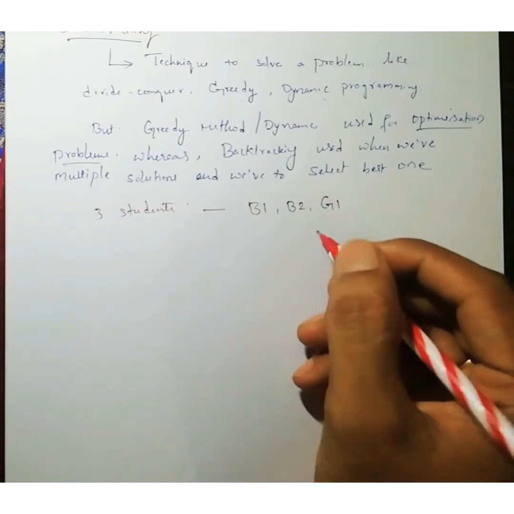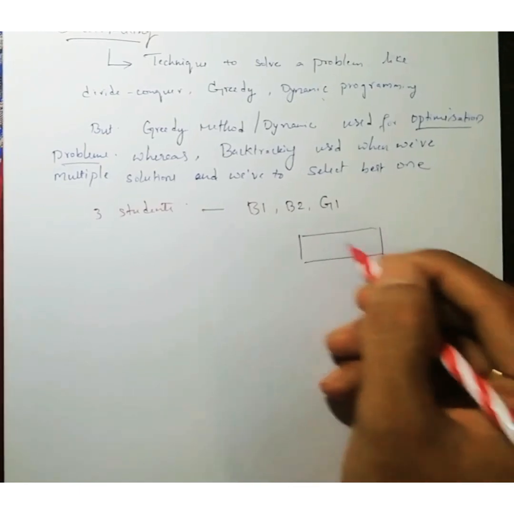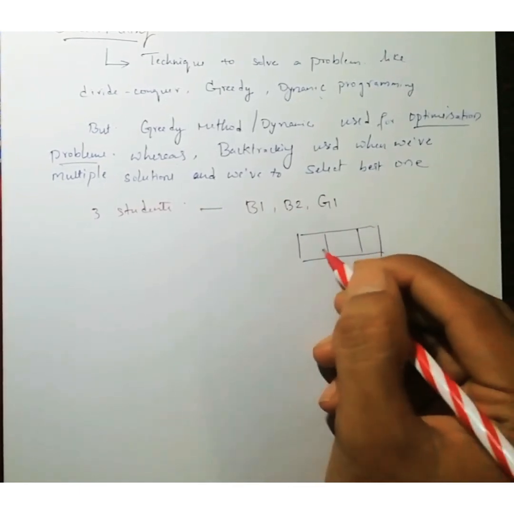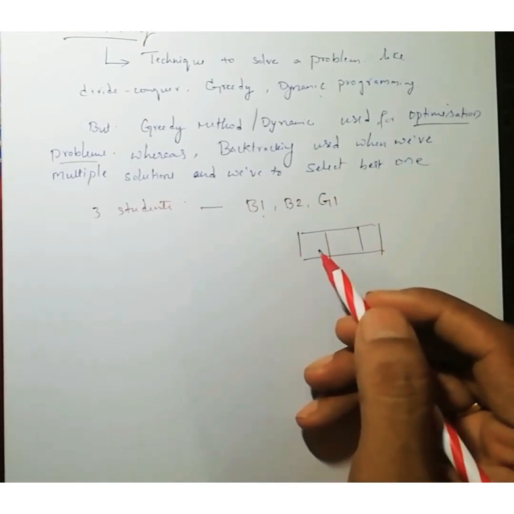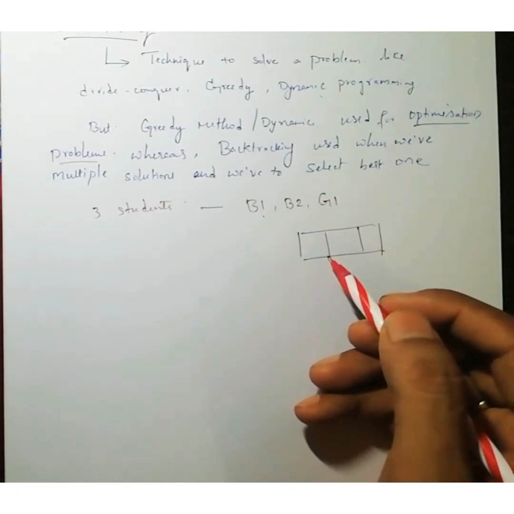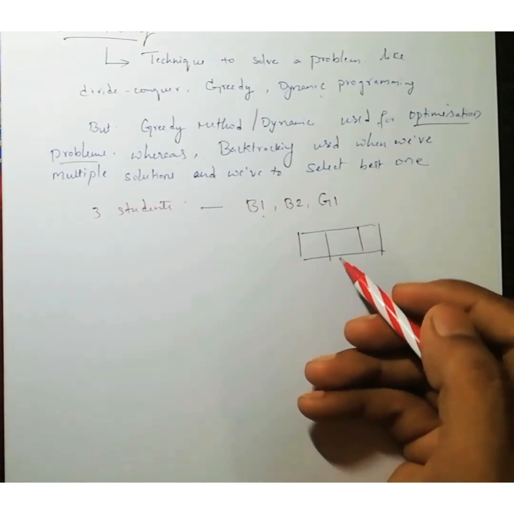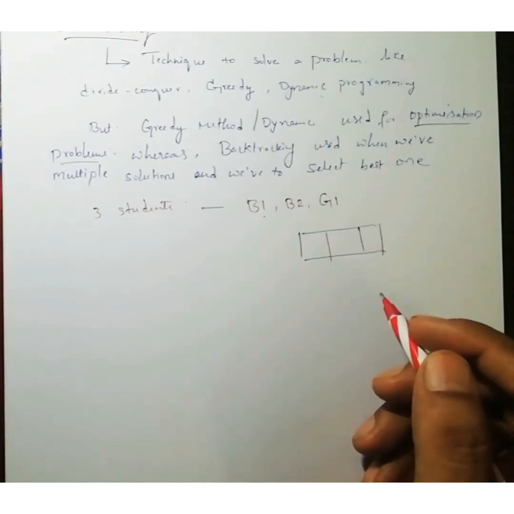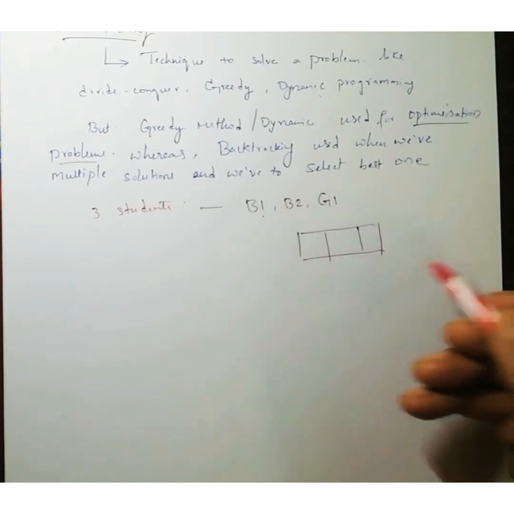For example, we have 3 benches, so I will write them like this by using an array. I have to arrange these in such a way that we get the best one. That means, in how many ways can we arrange these 3 students in 3 chairs?